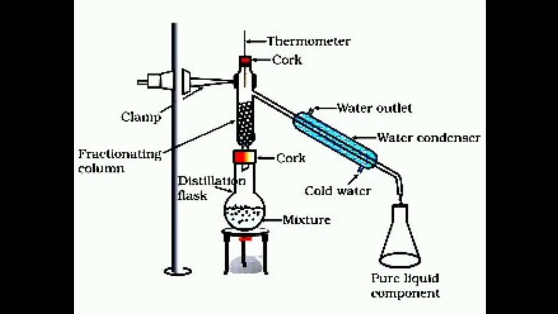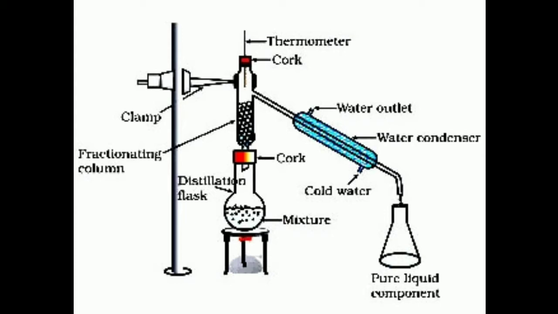For example, to separate the different components from petroleum products. The apparatus is similar to that of simple distillation, and here the only one difference is that one fractionating column is fitted in between the distillation flask and the condenser.